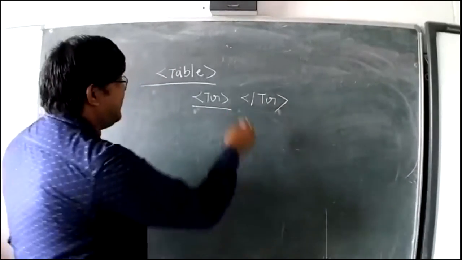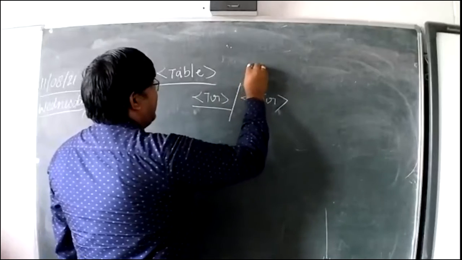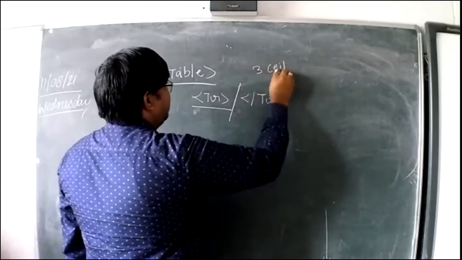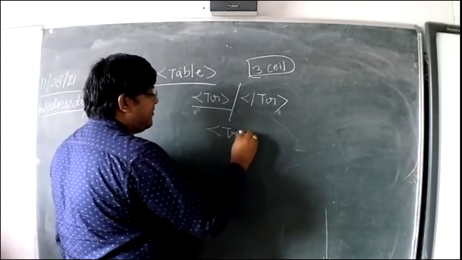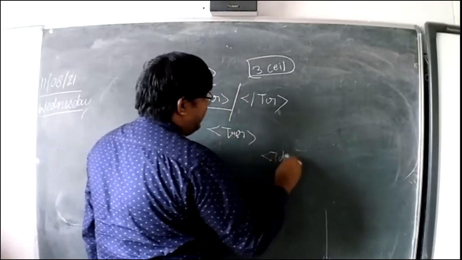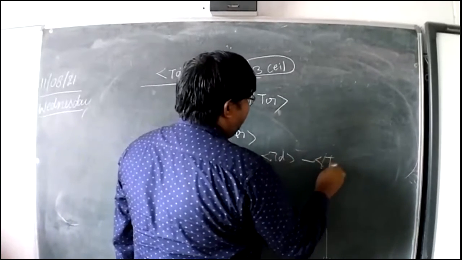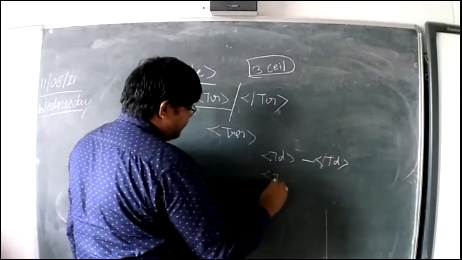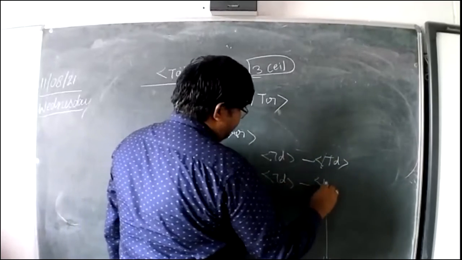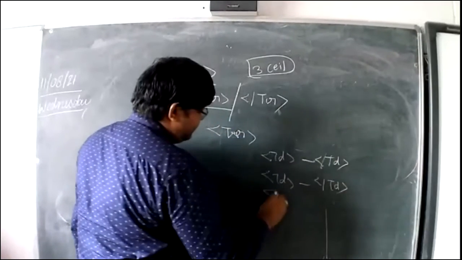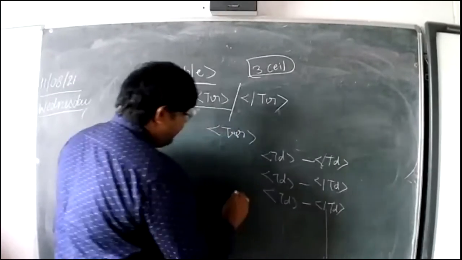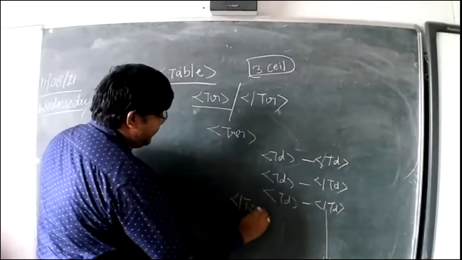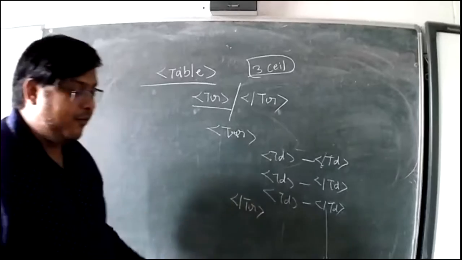Clear? If in each row there are 3 cells, then 1 time TR will open, and inside the TR 3 times TD will open and TD will close, and then finally I will close the TR. Clear?